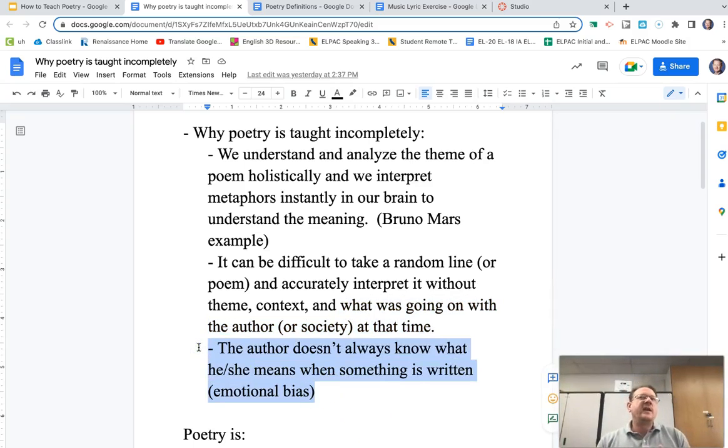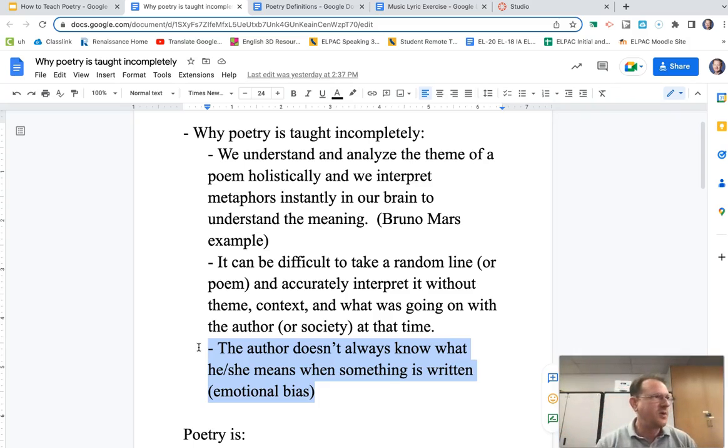And I'll mention, to really understand a poem, we have to trust the intention of what the author is writing, and we have to trust that it's accurate, right? Because there's an emotional bias going on, right? We have to understand what's going on in the author's background.